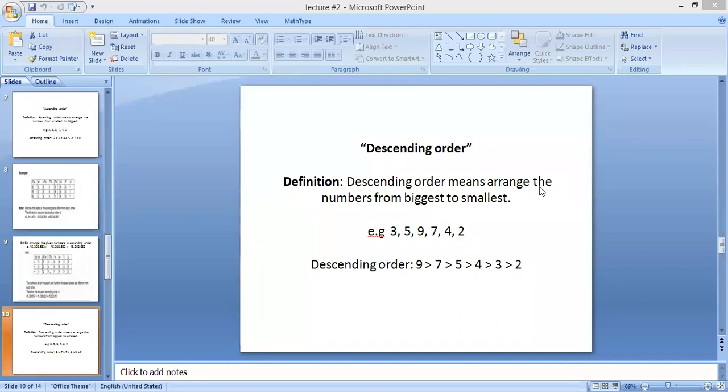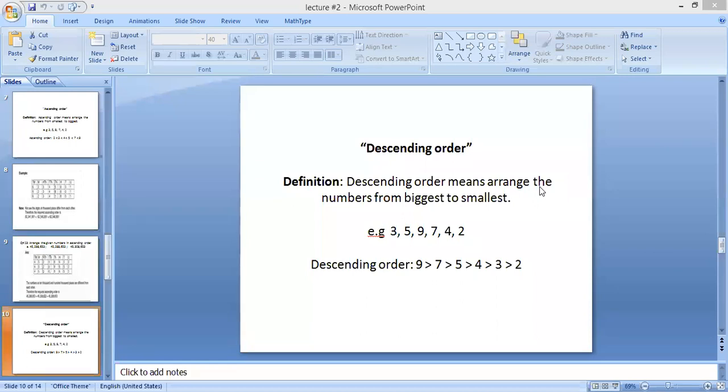First of all, for descending order, you can check which one is the biggest one. Yes, 9. And be attentive, all of you, and learn the thing. For the greatest or biggest number, you will put the open end of this symbol. 9 is greater than the second greatest number, 7. Put here. This one is the symbol for descending.